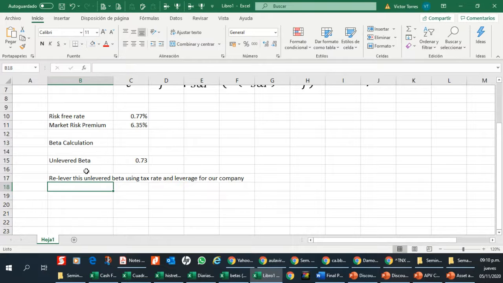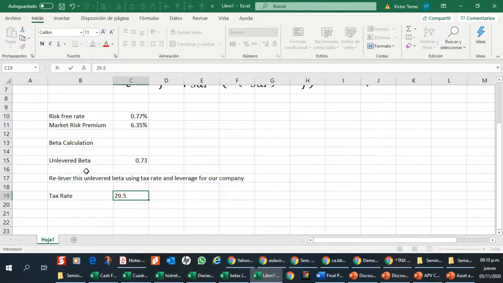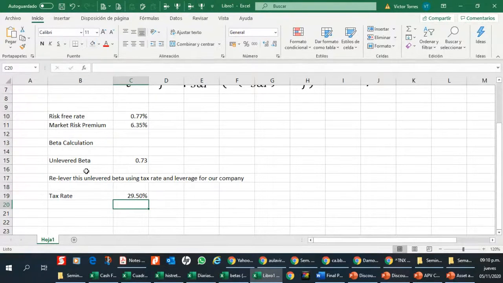So let's assume for a minute that we are capable of identifying that for our company the tax rate is going to be 29.5%, as part of the calculation that we have. We should start that.